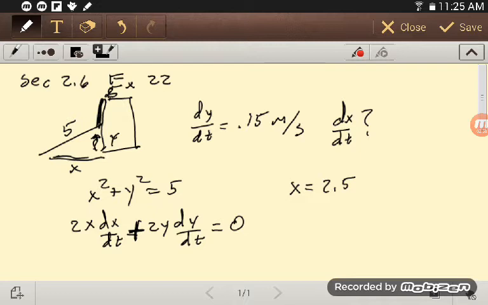Well, y is equal to the square root of 5 squared minus 2.5 squared. Okay, so we have that.